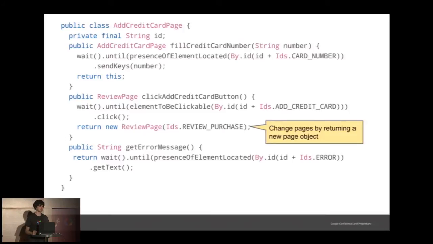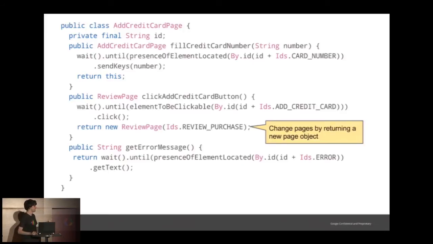After doing that, they aren't going to change screens in any way, so the method just returns the page object itself. Next method allows the user to click the Add Credit Card button, and so that return, which is going to take them back to the original page, so it returns a new page object representing the review purchase page.